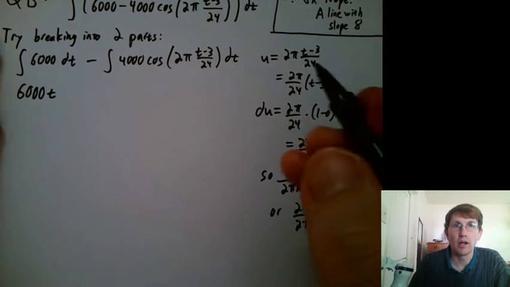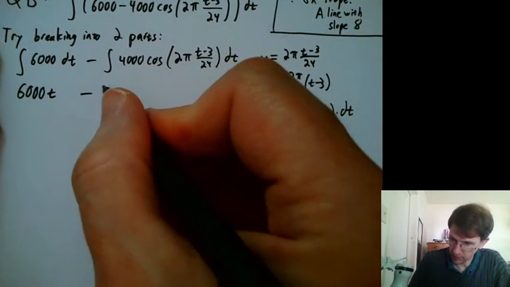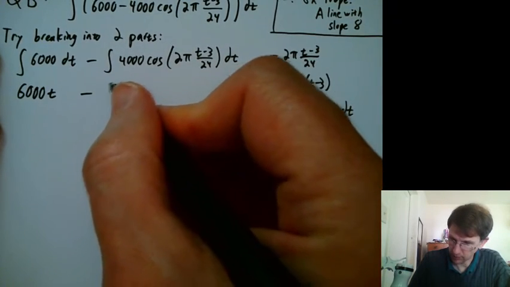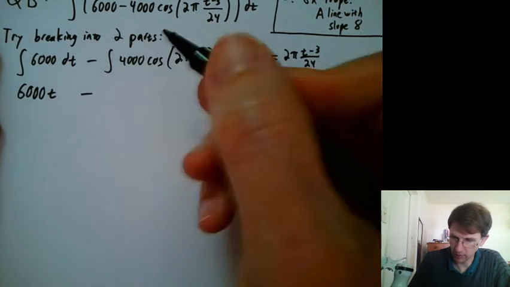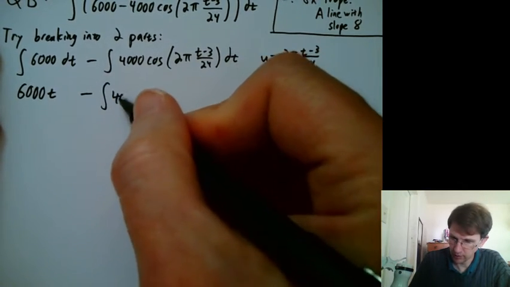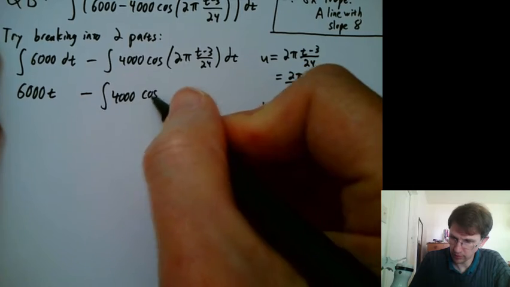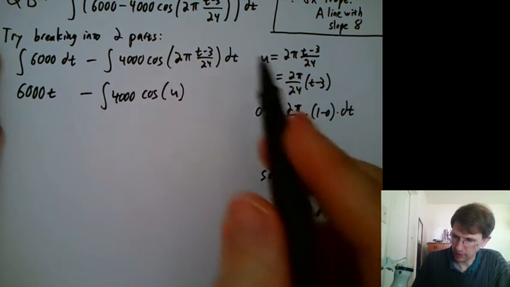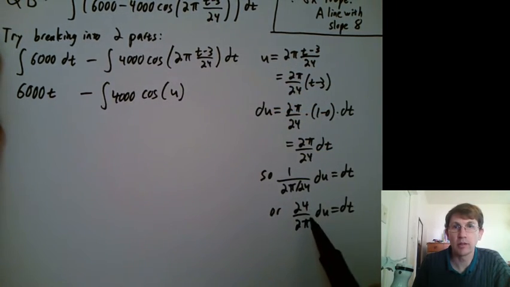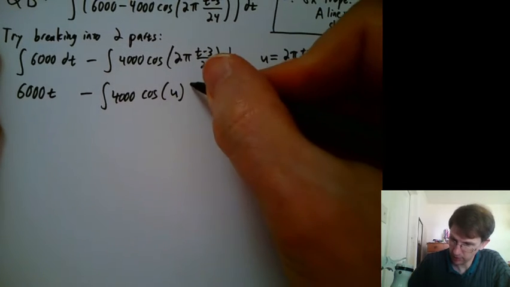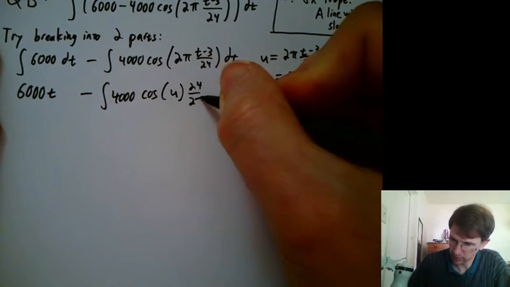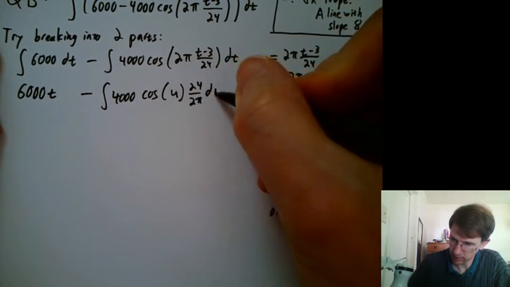All right, so now we're ready for our u substitution. The 4,000, you could leave it in, you could move it out, either way is fine. So 4,000 cosine u, and then dt gets replaced with 24 over 2 pi du.